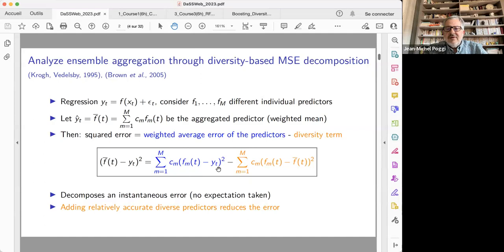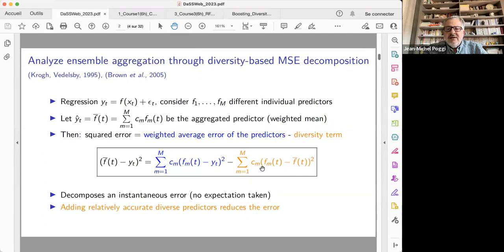This is the error of the mth predictor, and this is just the weighted average error of the predictions. The second term is called the diversity term.